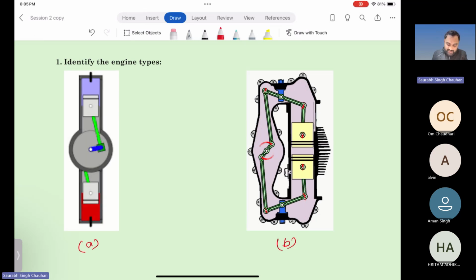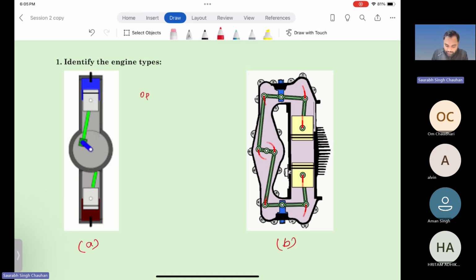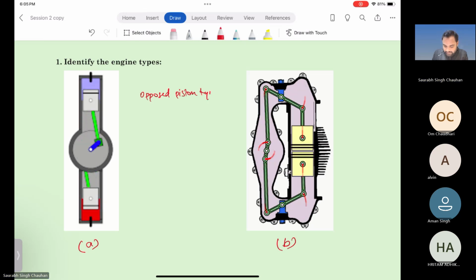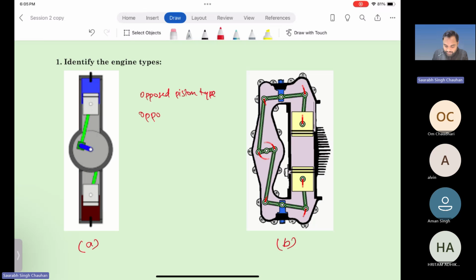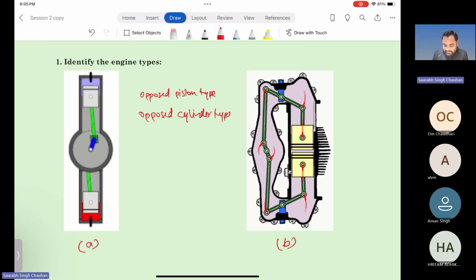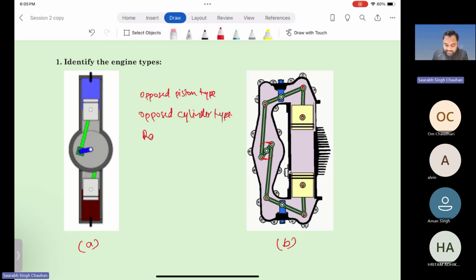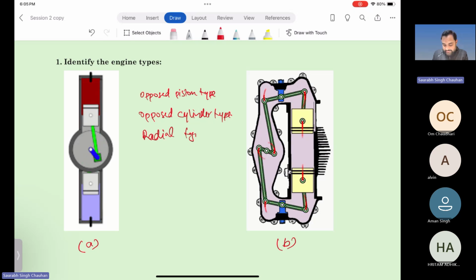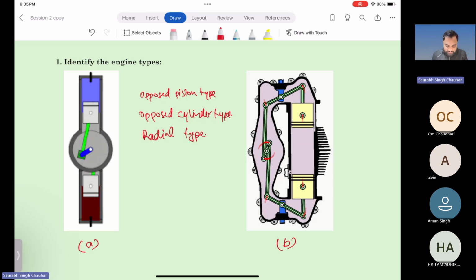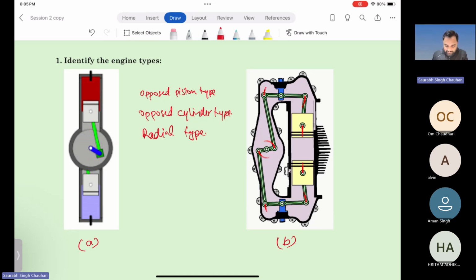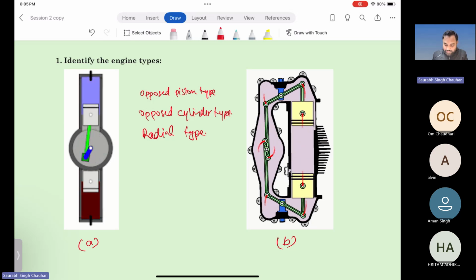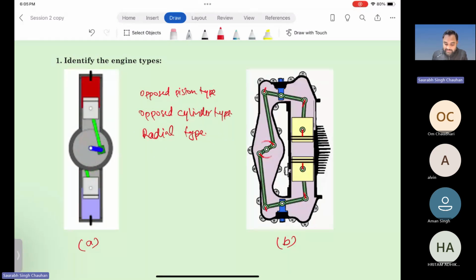So you have studied about opposed piston types. You have studied about opposed cylinder type, right? Also, you have studied about radial type of engines and lot more. So which type of engines are these? Let's start with type A. Is this a radial engine or opposed piston engine or opposed cylinder type of engine?